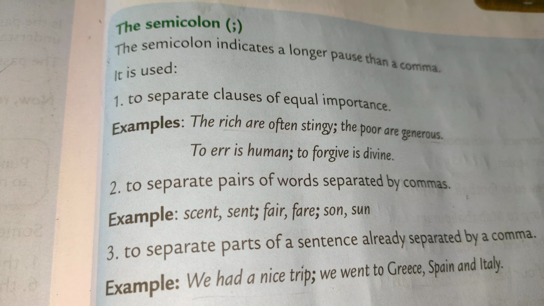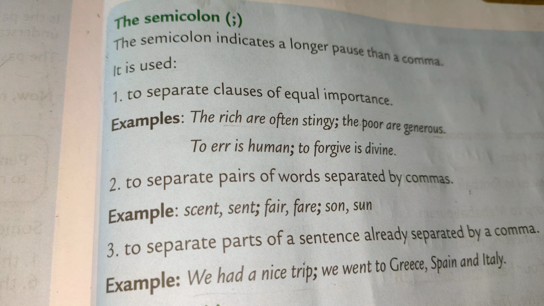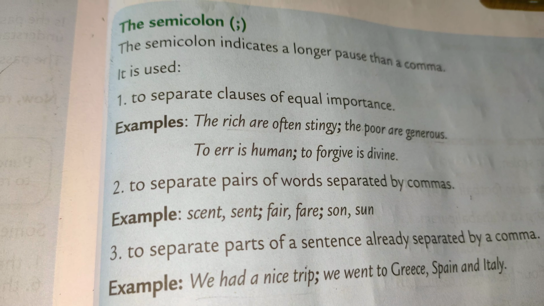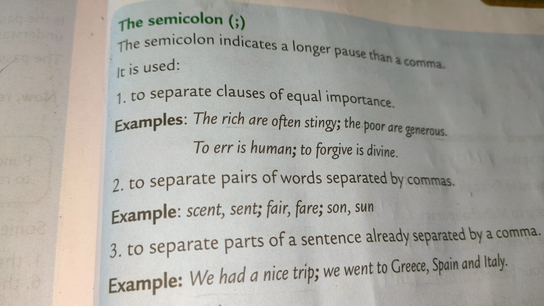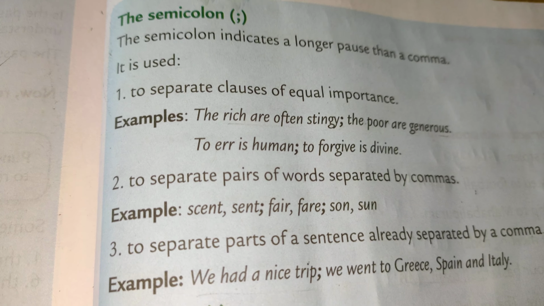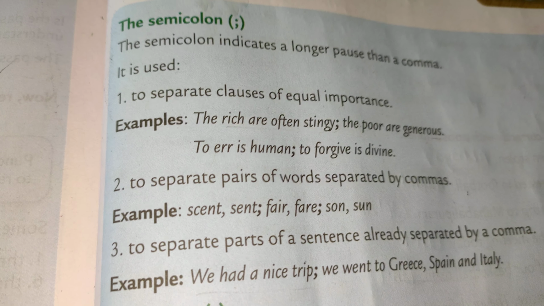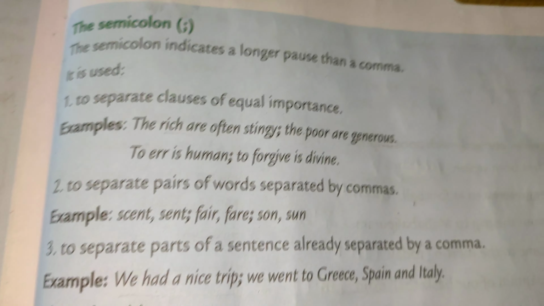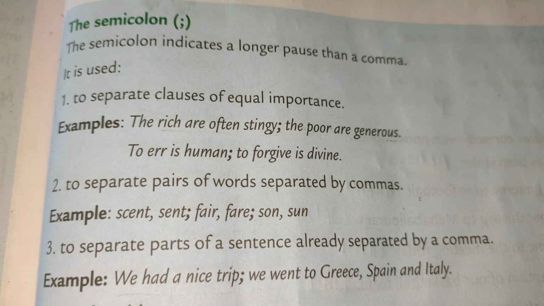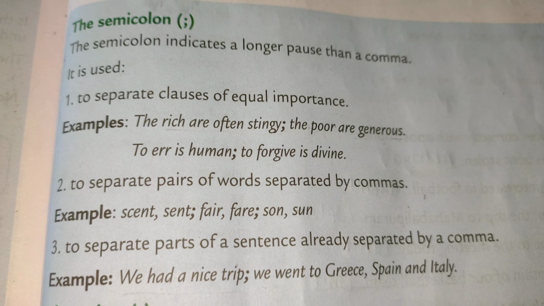The rich are often stingy, when we add another clause with this clause, it makes a whole new sentence which gives a different meaning. So if we have to separate two different clauses, and these two clauses have equal importance, then in that case we use the semicolon.